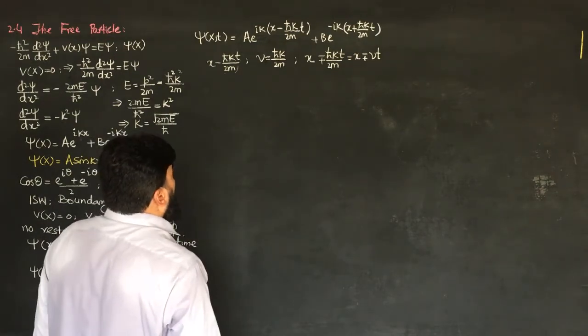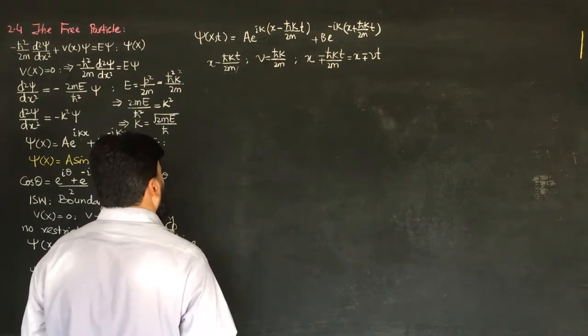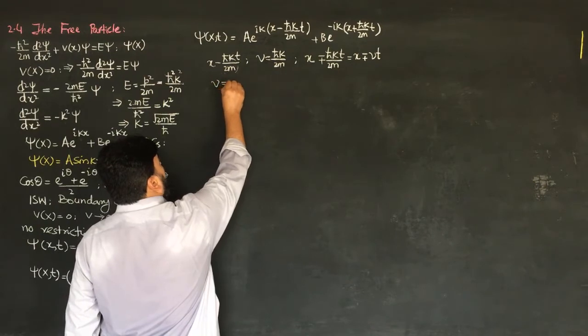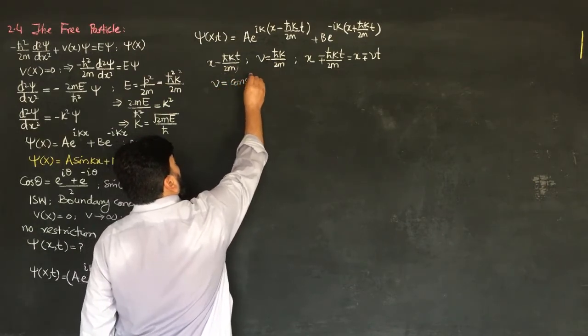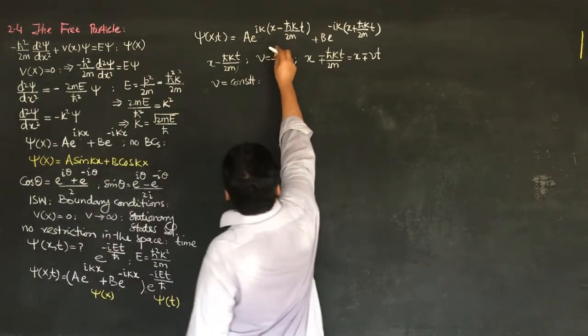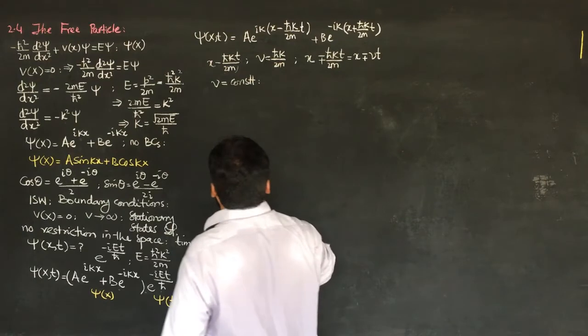Now if I look at this expression, it tells us that this v is constant, because this one is x minus and this one is x plus.